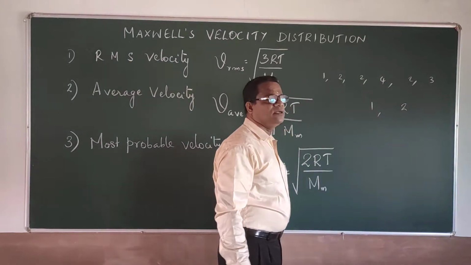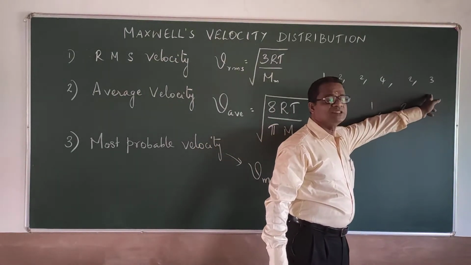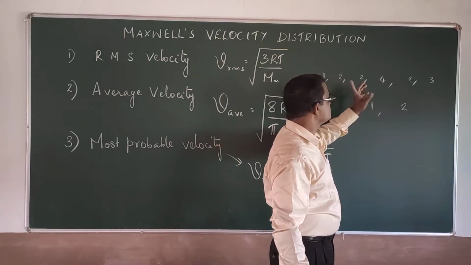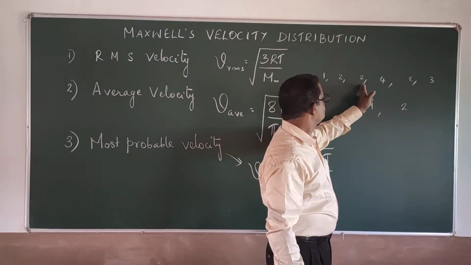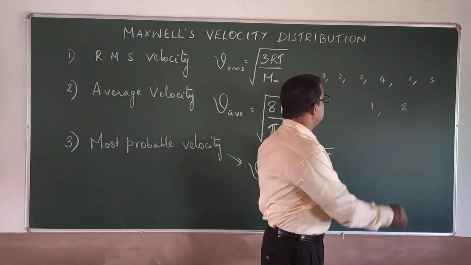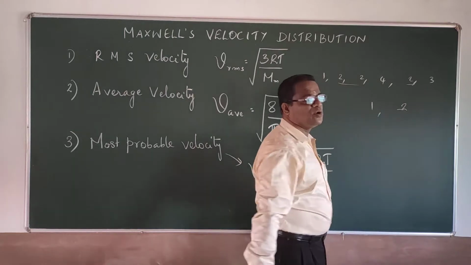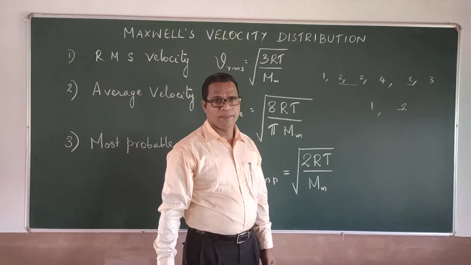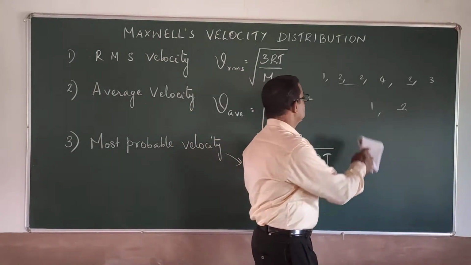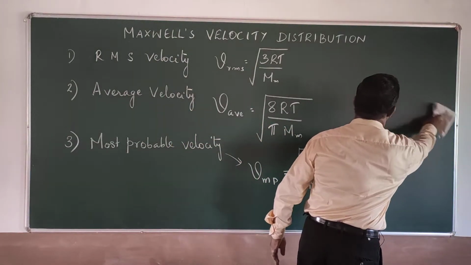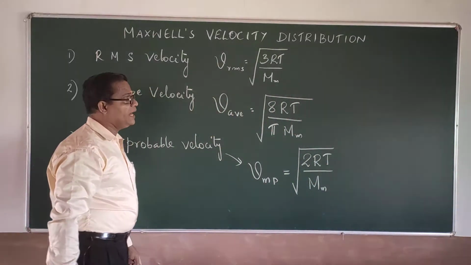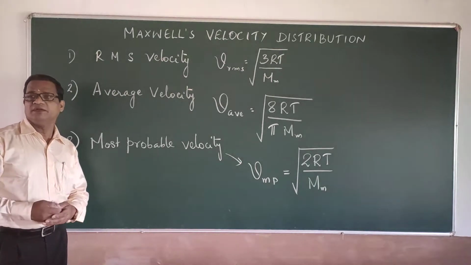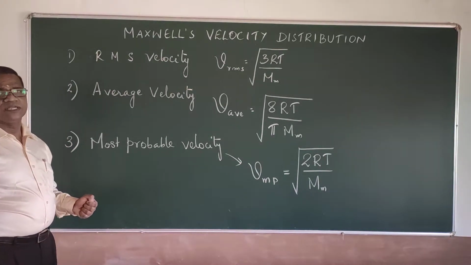Out of these listed numbers, 2 is the number which is repeated most. Then 2 will be the most probable velocity for this listing of velocities. Understood? So, these three, RMS velocity, average velocity, and most probable velocity, are the three different categories of velocities you can have here.